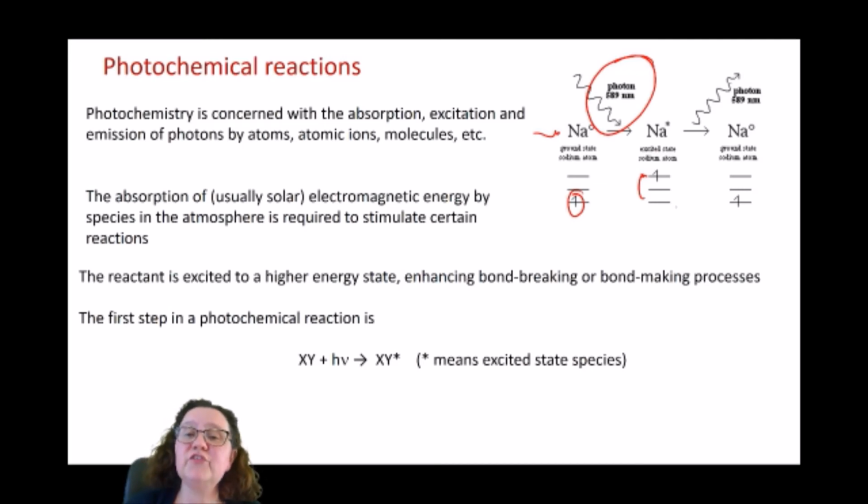The electron is in a higher energy orbital. It's an unstable state, but the amount of energy communicated by the photon of that wavelength has allowed that electron to reach a higher energy orbital. And then that's not a stable state, so it will quickly revert back to its original orbital, trying to reach a more stable state, and the radiation will be emitted.